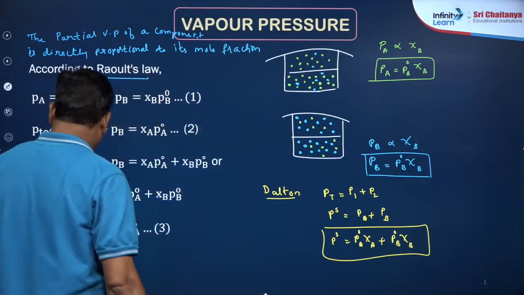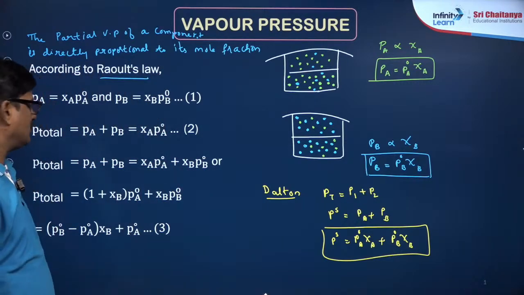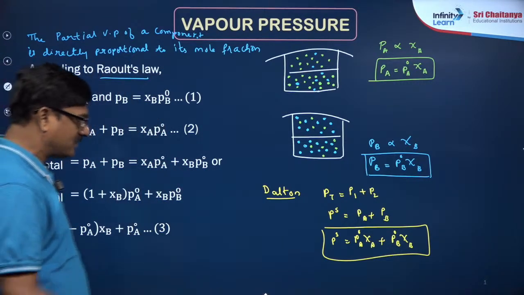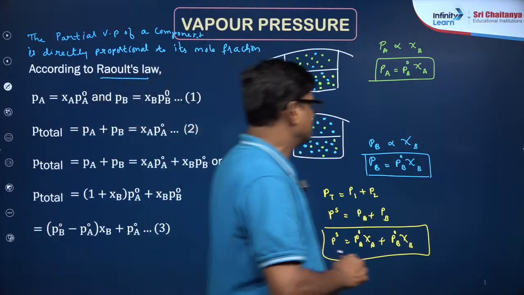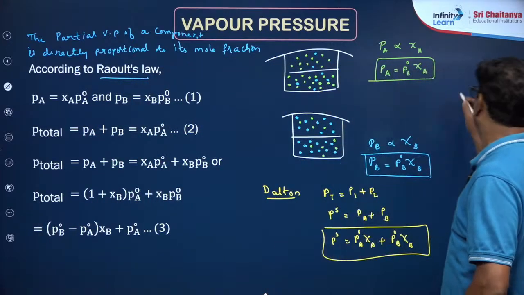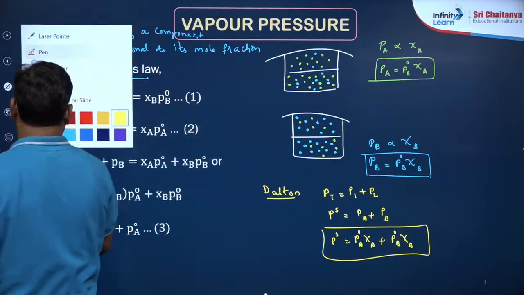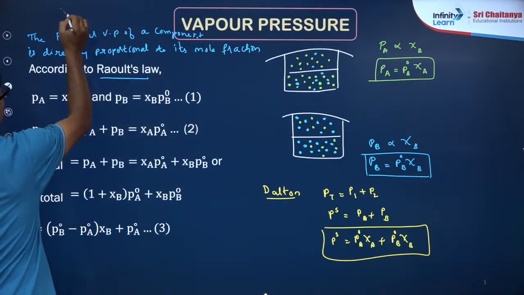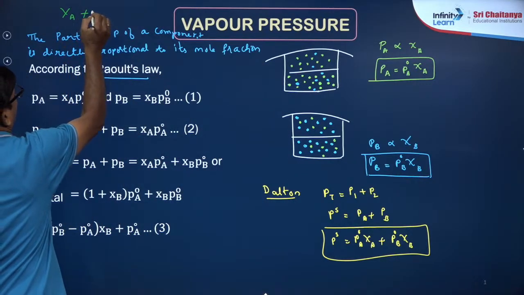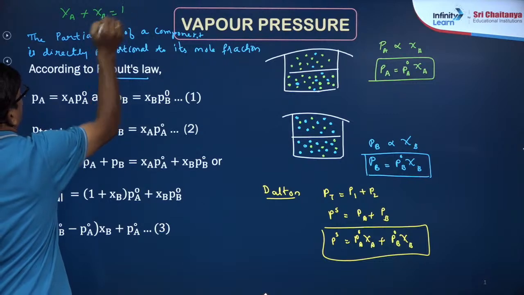You can also say P total is equal to the mole fraction of A plus the mole fraction of B, and the sum has to be 1. So the mole fraction of A plus the mole fraction of B is equal to 1.